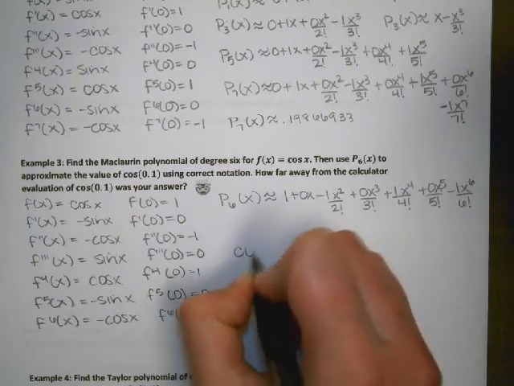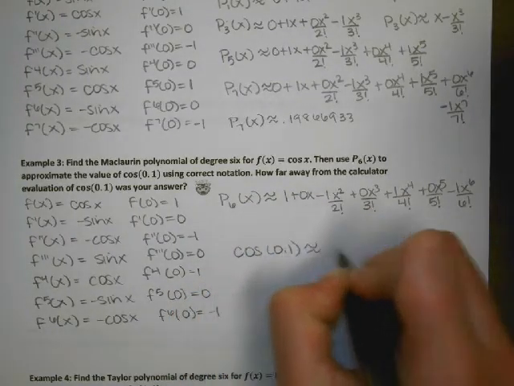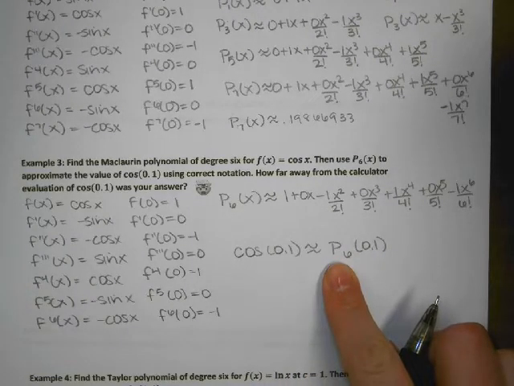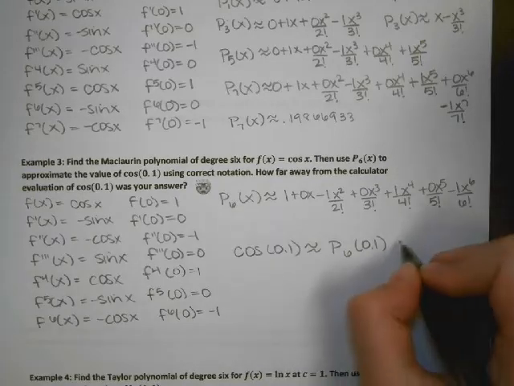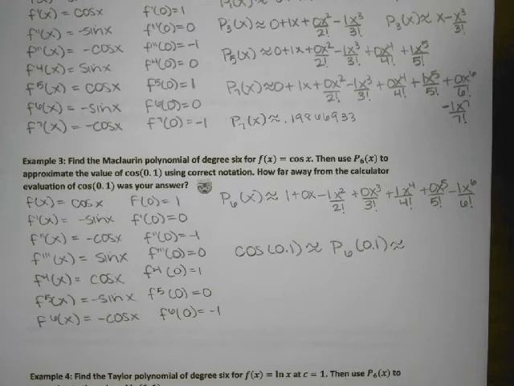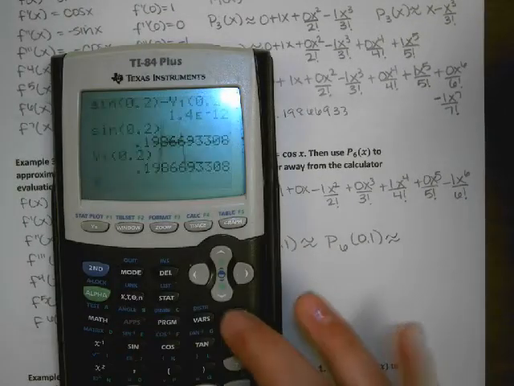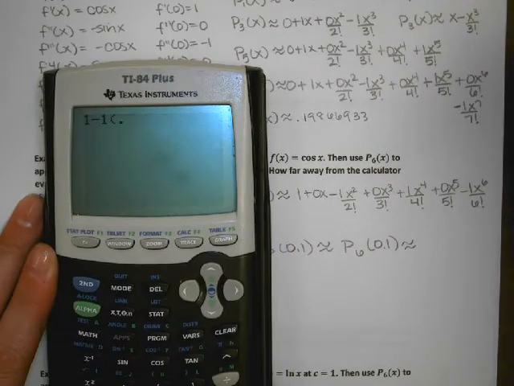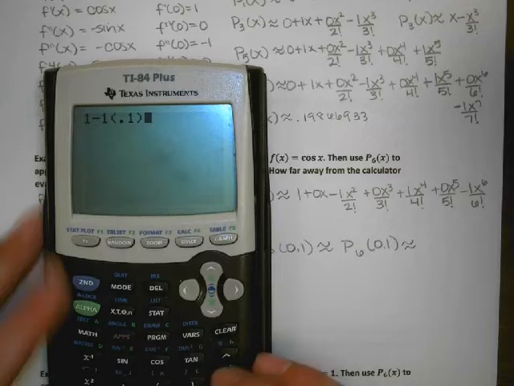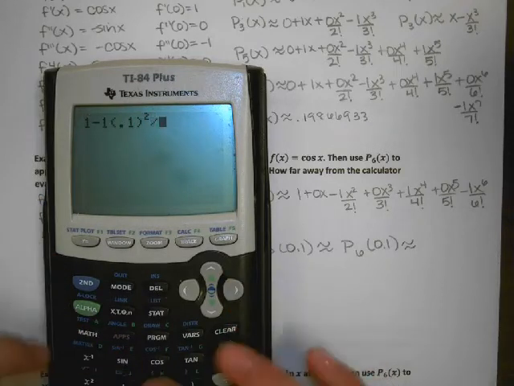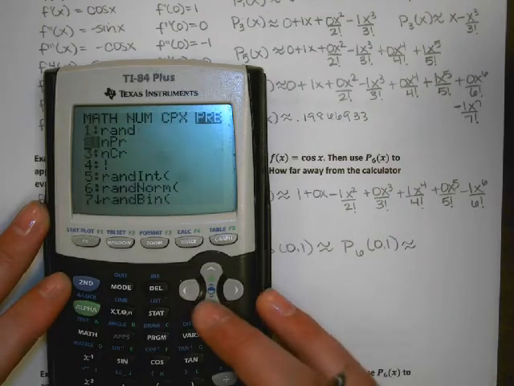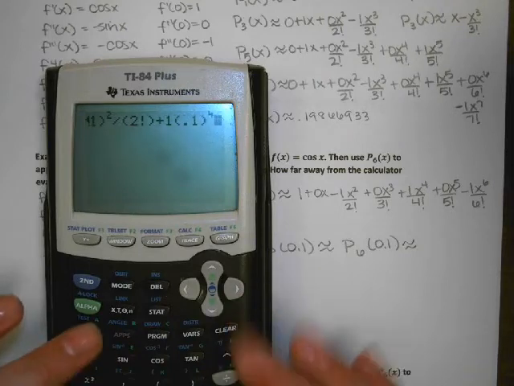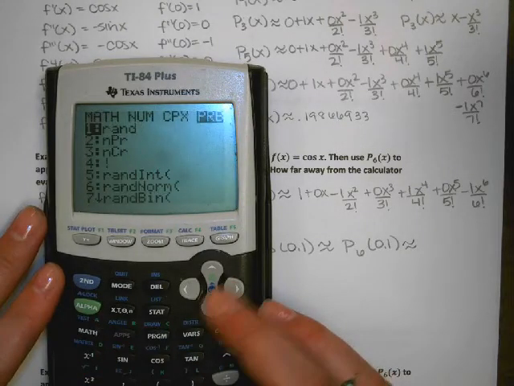So I'm going to say cos of 0.1 is approximately the sixth degree Maclaurin polynomial evaluated at 0.1, which is approximately, we can go ahead and type this in. So I'm going to have 1 minus 1 times 0.1 to the second divided by 2 factorial plus 1 times 0.1 to the fourth divided by 4 factorial.